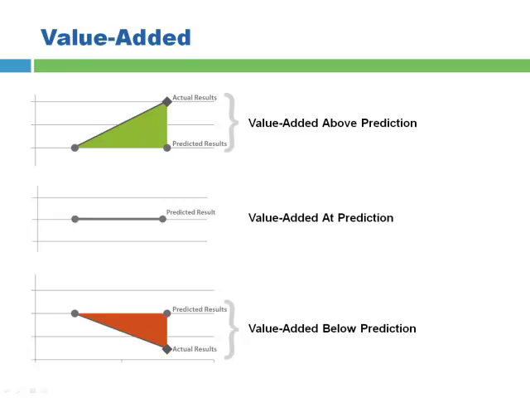In the example on the bottom, these students have underperformed against prediction. This value-added result would be below the district average. Keep in mind that value-added predictions are not reported for individual students, but for the effect of learning on groups of students.